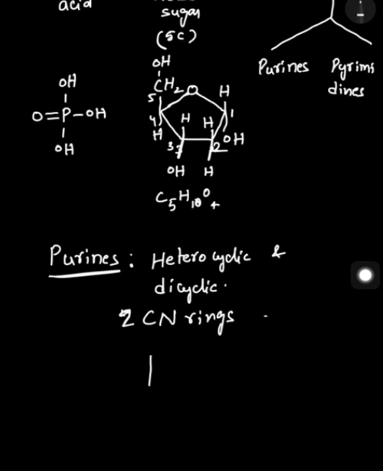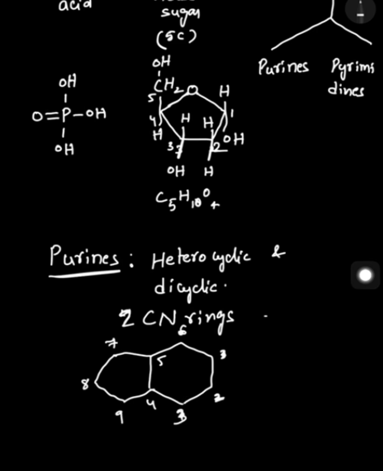If you see that structure, out of two rings, one is hexose ring and the other one is pentose ring. First position, second, third, fourth, fifth, sixth, seventh, eighth, ninth.